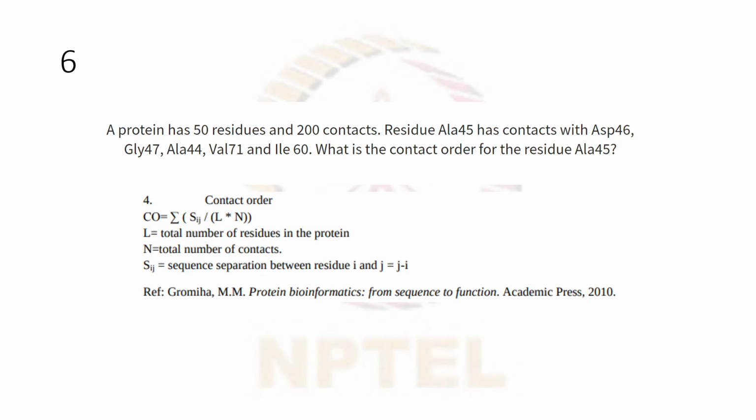So in contact order, the value of S is sequence separation. So think, alanine 45 and glycine 47 are separated by two residues. So the value of S here, in case of alanine 45 and glycine 47, is 2.